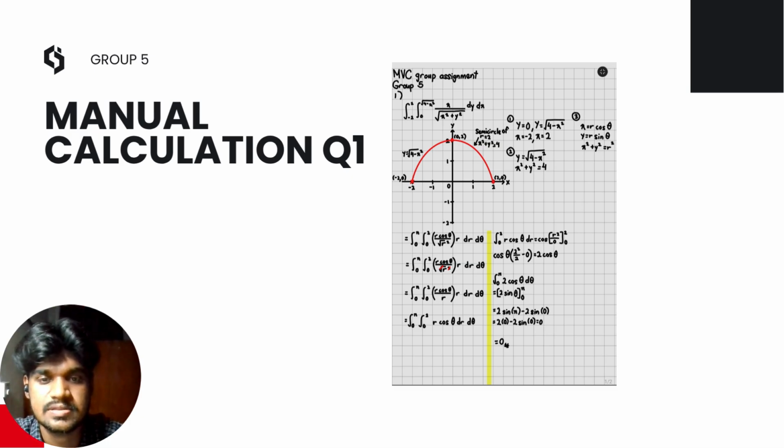Next, we integrate with respect to r first, and the answer we get is 2 cos theta. After that we integrate again using that answer, 2 cos theta. After we integrate, we get 2 sin pi minus 2 sin 0, so the final answer is 0.